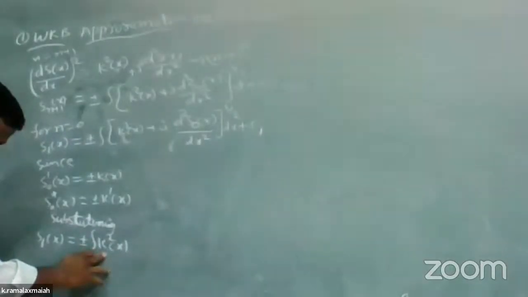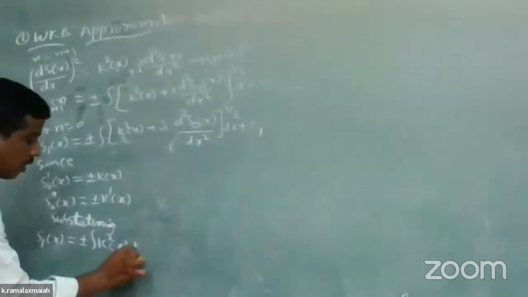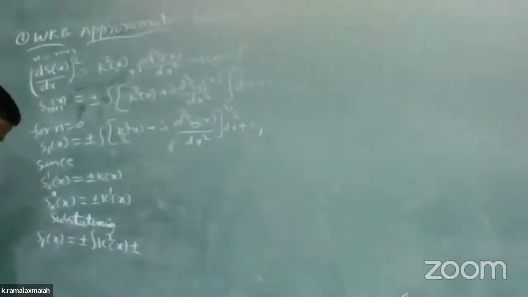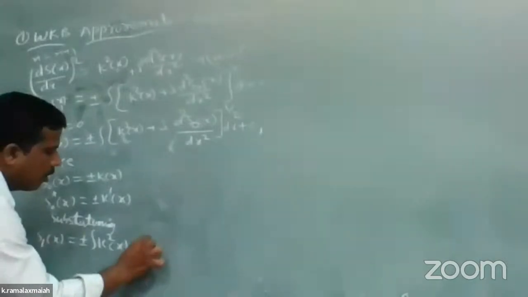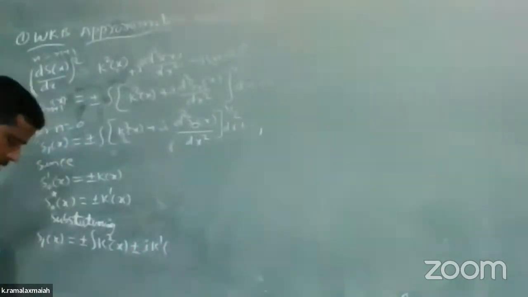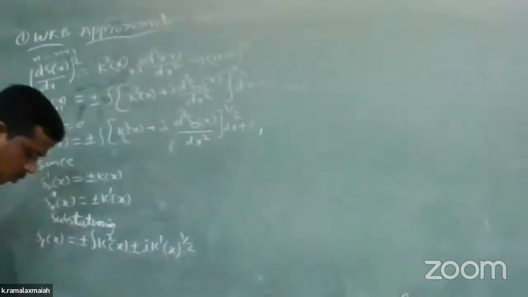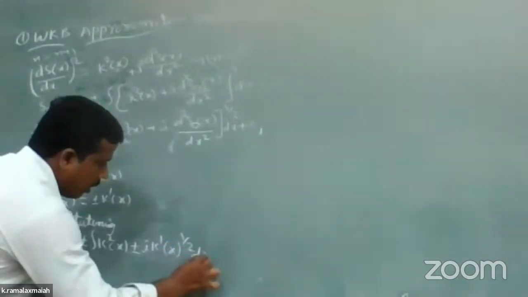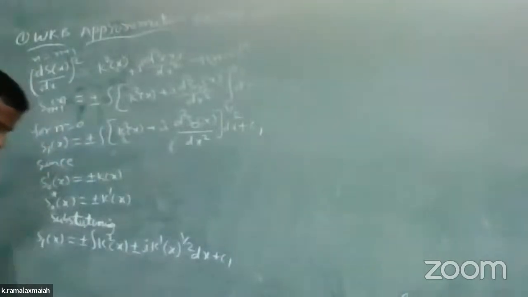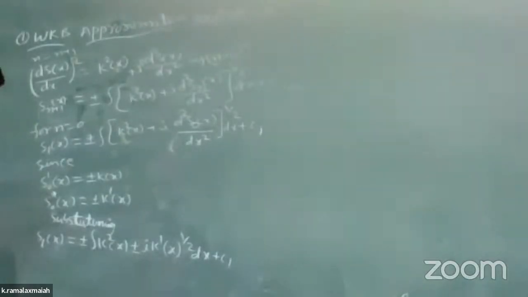So integral of the square root of k square of x plus or minus i k dash of x by 2 dx plus c1. This is from the equation 22.64 and 22.65. Okay.